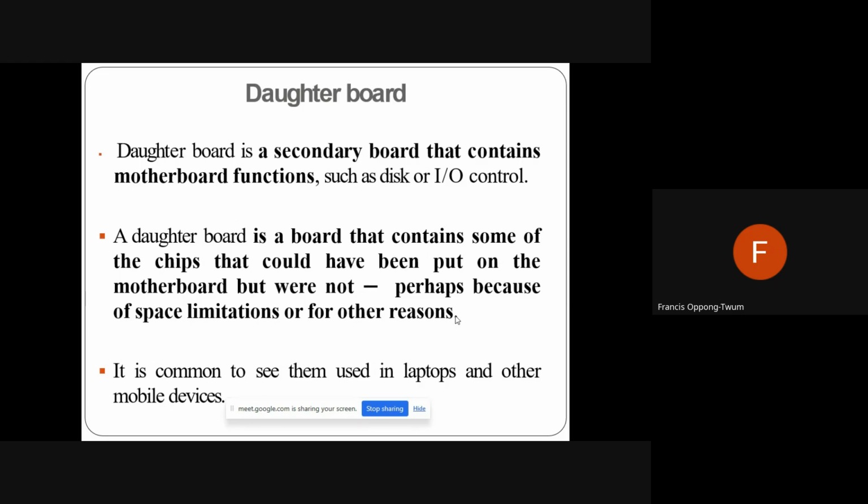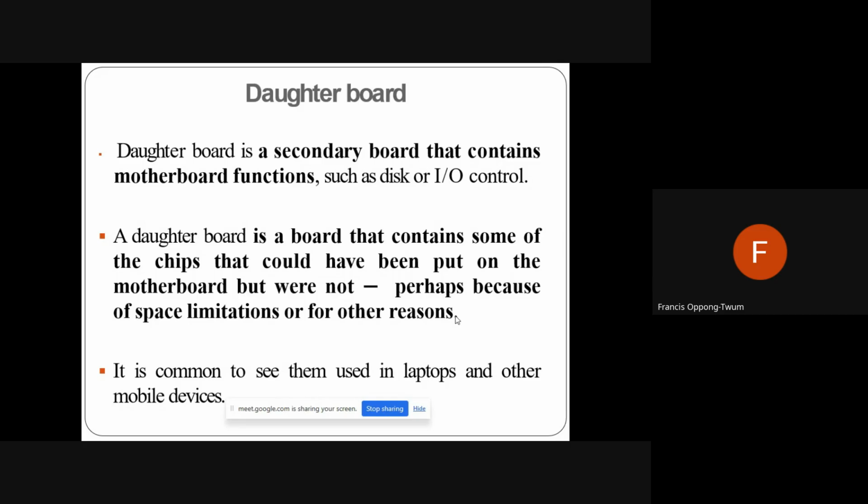What are you supposed to do then? You have to go and buy a TV tuner card. When you buy the TV tuner card, you have to install it in the expansion slot on the motherboard. When you install it, you see that the TV tuner card you bought has some card on it.